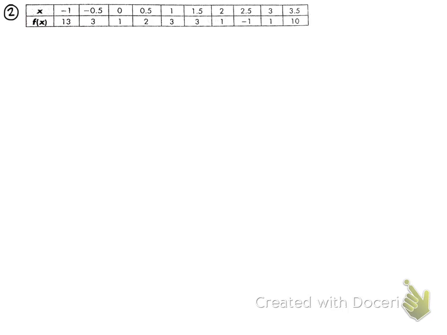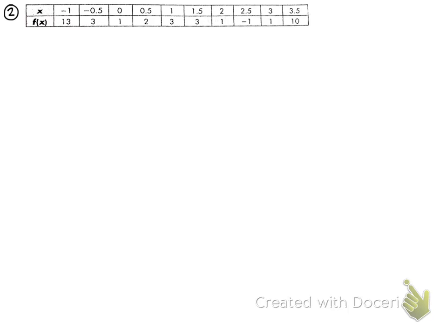Our biggest x value is 3.5, so we can make our x max 4. So scroll down and do the y's. The smallest y value is negative 1, so we got to make it smaller than negative 1. So let's choose negative 2. Our y max, our highest y value is 13, so we need to pick something bigger than 13. So let's pick 14. So press Graph and take a look at it.